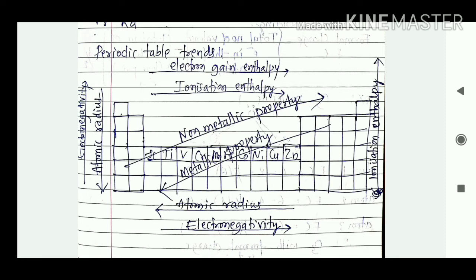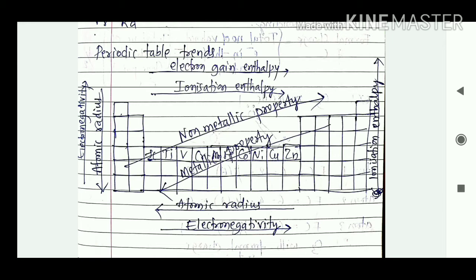When we move from top to down, electronegativity decreases, right? When we move from top to down, ionization enthalpy decreases. When we move from left to right, atomic radius decreases. When we move from left to right, electronegativity increases.